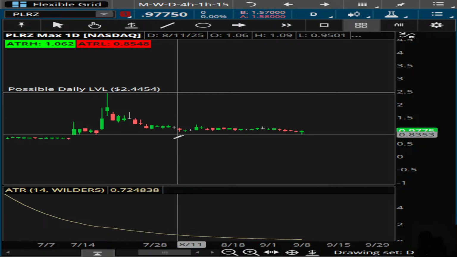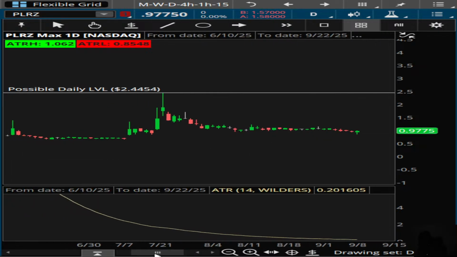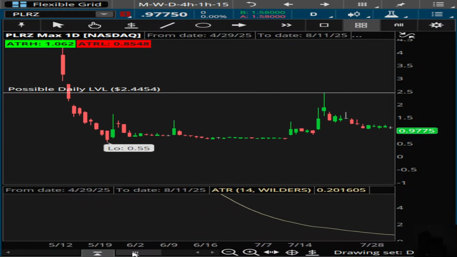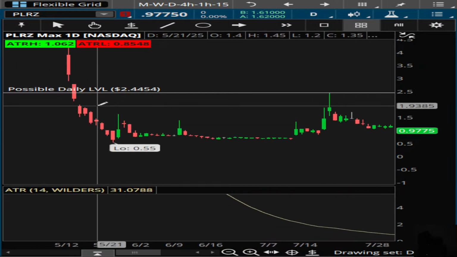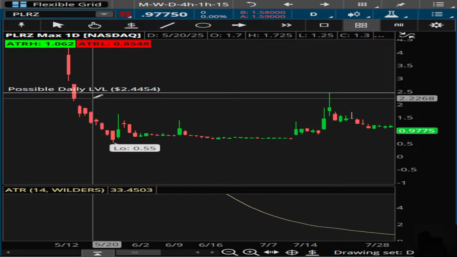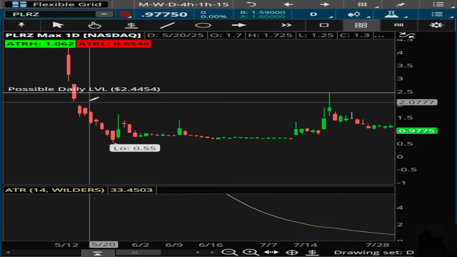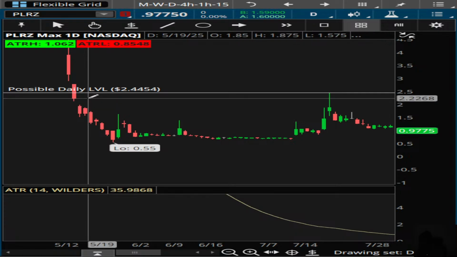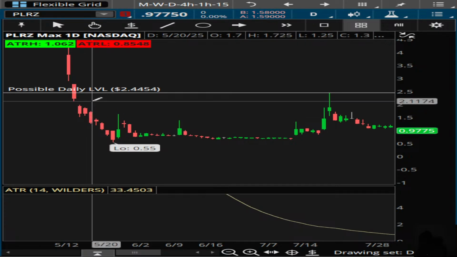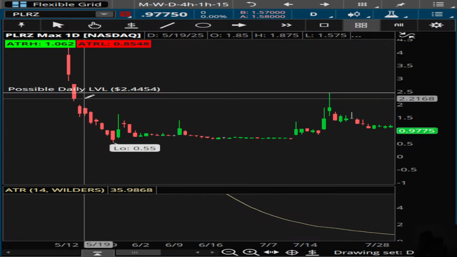Okay. Let's zoom back a little bit. It looks like it had some type of gapping around here, 222 to 192. So I wouldn't call these clear daily levels, but this is a gap.